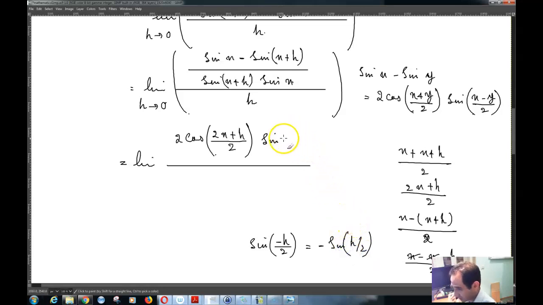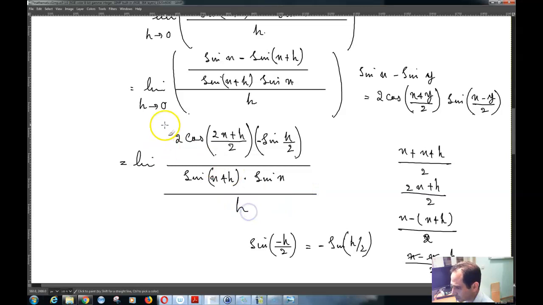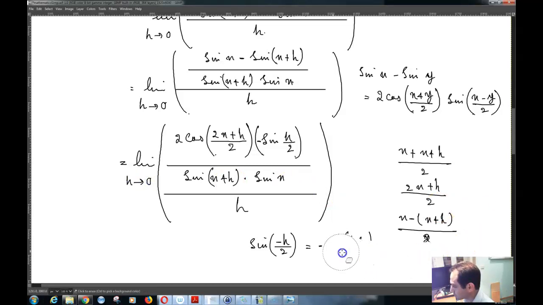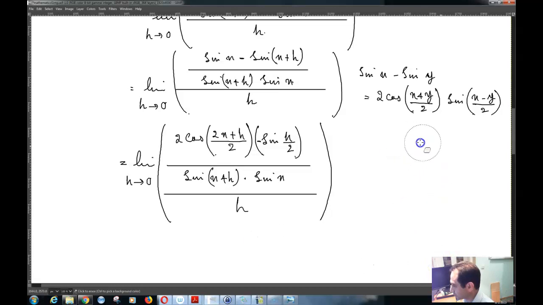So I can write this as negative sine h divided by 2 over sine x plus h times sine x times h, as h tends to 0.